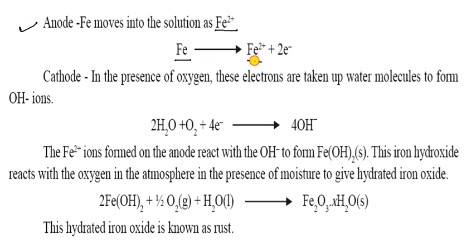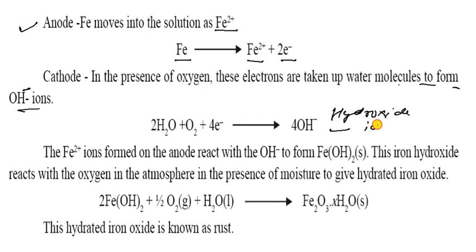So 2 OH- forms, and these 2 OH- combine with Fe2+, and it gives Fe(OH)2, and whenever it reacts with water, it gives rust. So that is the reason.